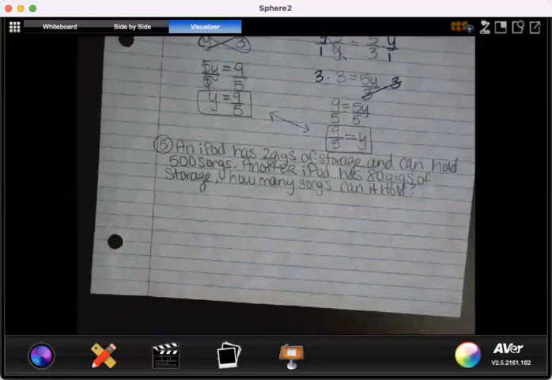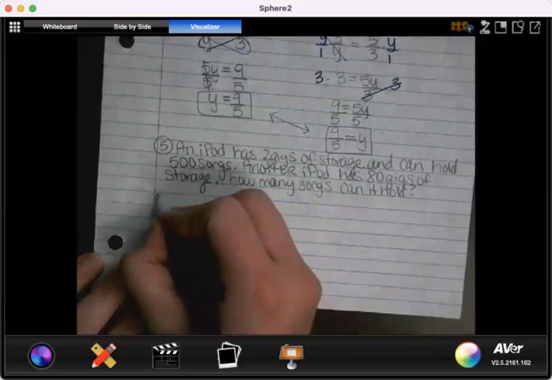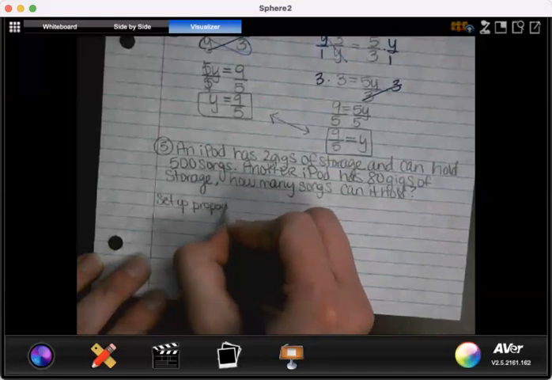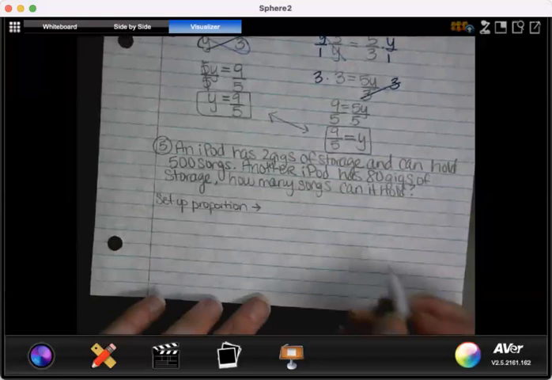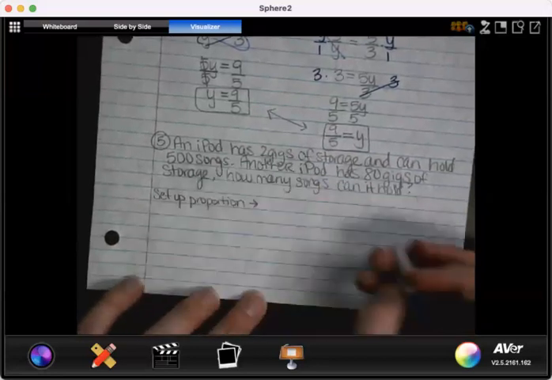So the first thing you need to do is set up a proportion. So we're going to compare what we know. So the first iPod has 2 gigs of storage with 500 songs.